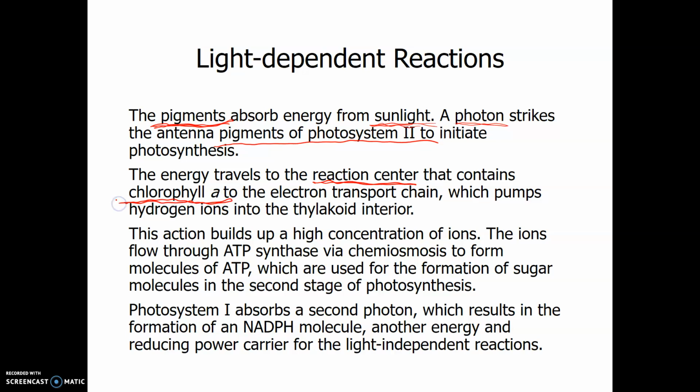It will reach that reaction center, and then it will be transported to the electron transport chain. So there is an electron transport chain in photosynthesis also. And that electron transport chain uses chemiosmosis, using hydrogen ions and electrons, in order to produce ATP.